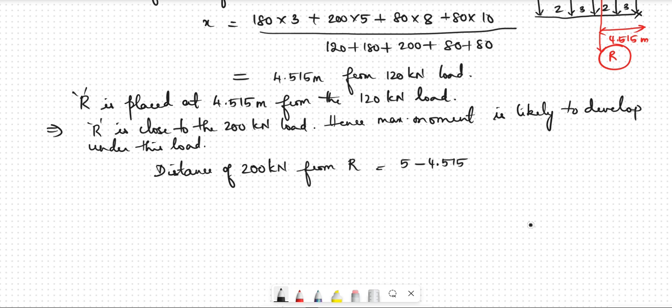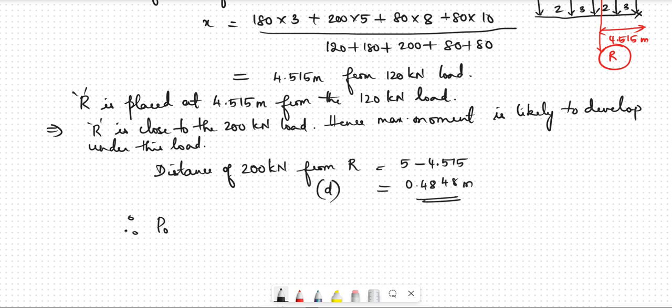So 5 minus 4.515 gives you 0.4848 meters. Now what we have actually found is small d. When you check the derivation, this distance of the 200 kilonewton load from the resultant, d, is nothing but 0.4848.